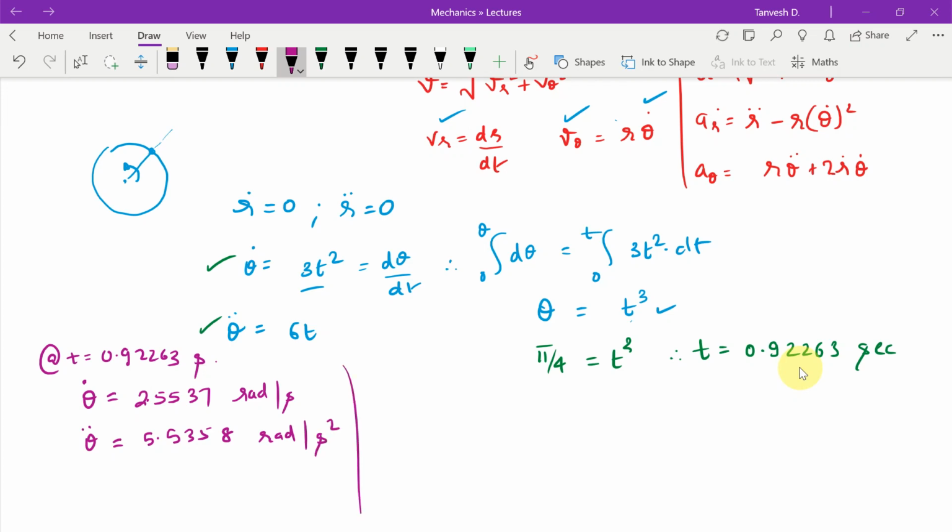Okay, so now we can just put and find the vr and v theta values.